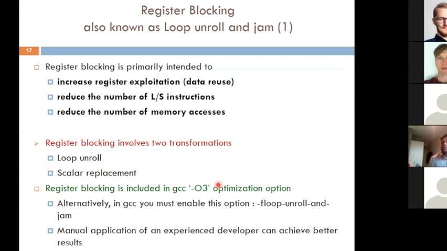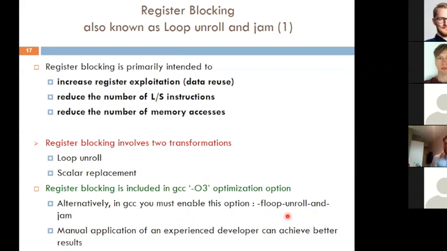For example, if we turn on GCC compiler O3, the register blocking option is enabled, but we can also do something like this on the command line, -floop-unroll-and-jam, which will work as an alternative to O3. If we only focus on register blocking, then we can turn on this flag. But I would say manual application is always better.